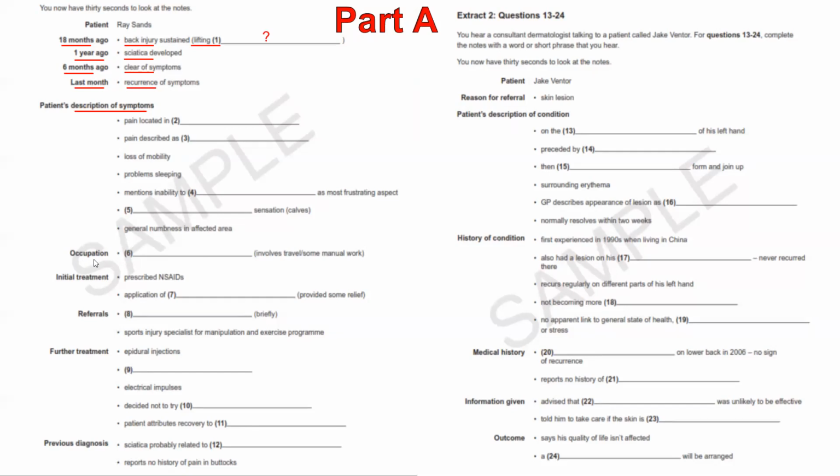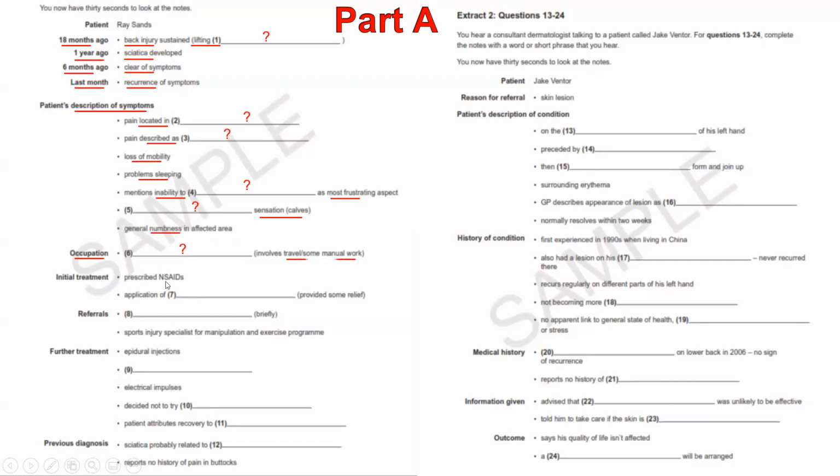Then this is the second or the third main item, occupation. So this is the space for the occupation of this patient, which involves travel and some manual work. So what's his occupation?